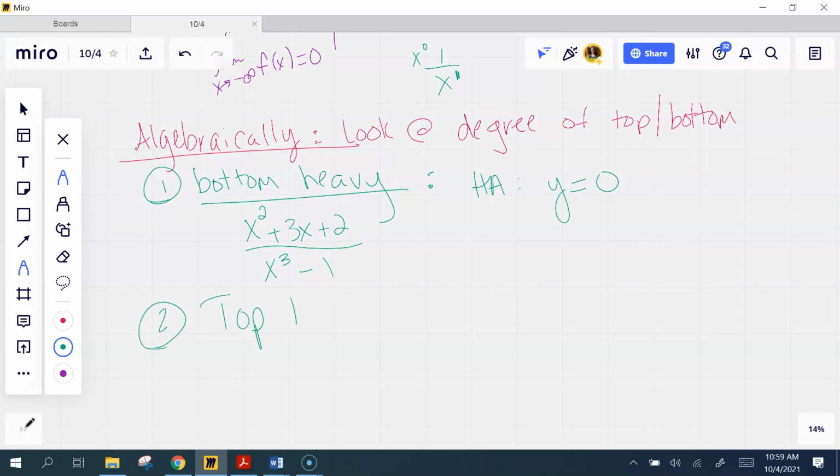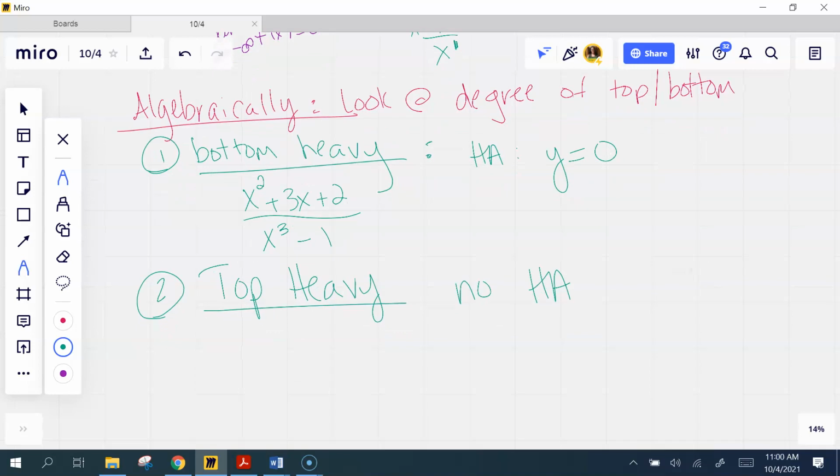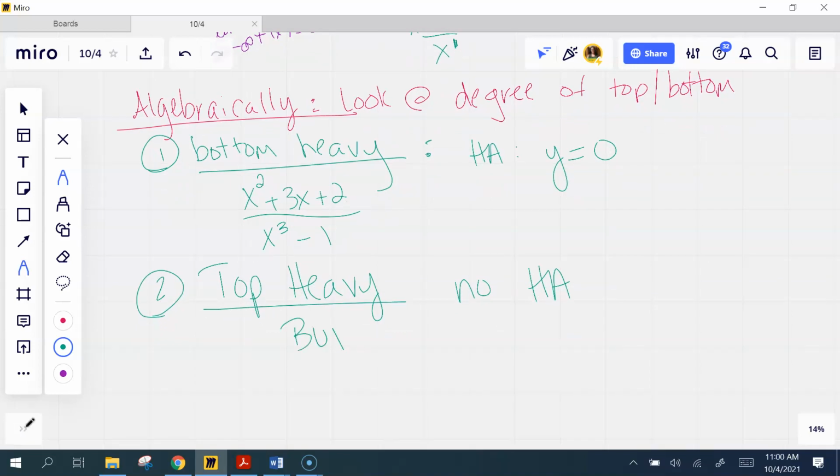Everybody's favorite is top heavy. Not really, but top heavy is different because top heavy has no horizontal asymptote, but I have to check for what we call a slant asymptote.